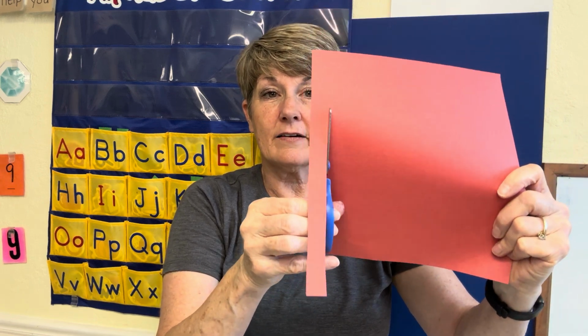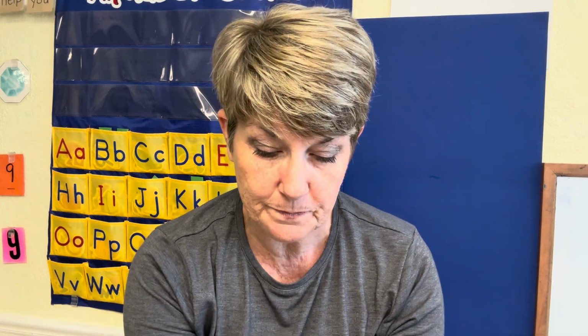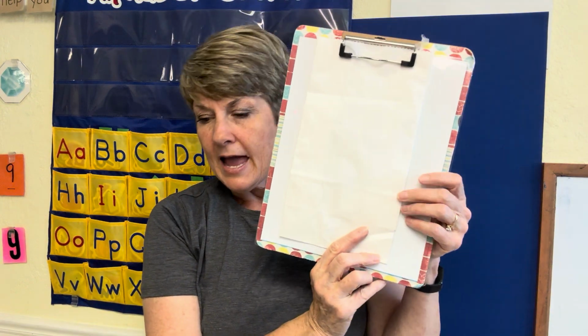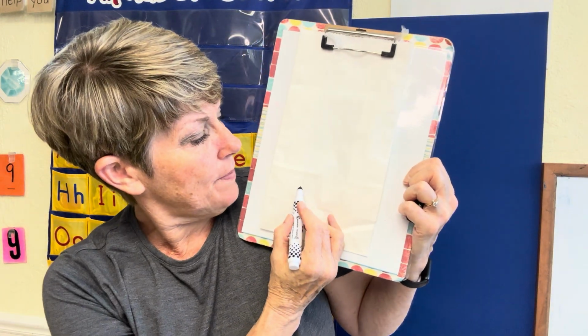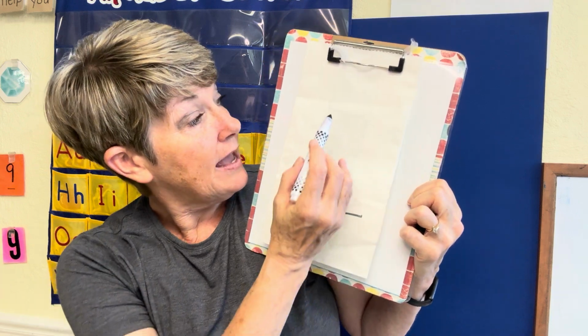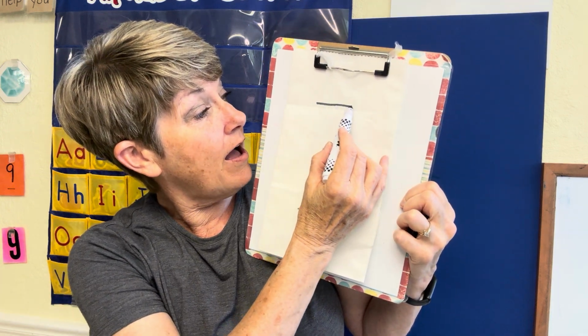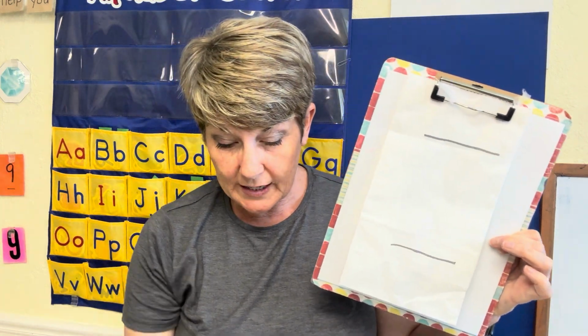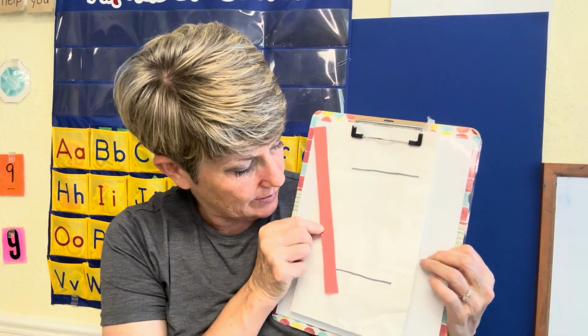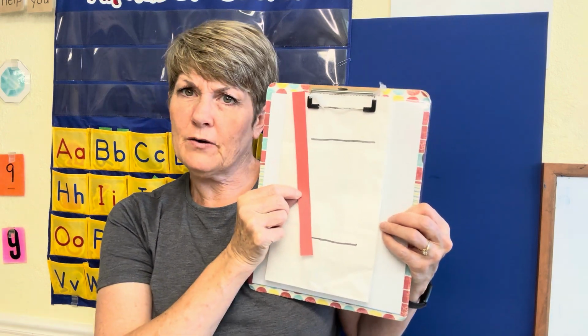All right. Now, we have a bunch of papers. We're going to take this and I'm going to draw a line right here on the bottom and a line up here on the top. All right? Then we're going to take these stripes and put them on, but they're a little bit too long.